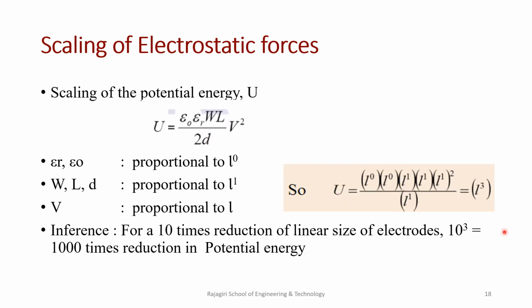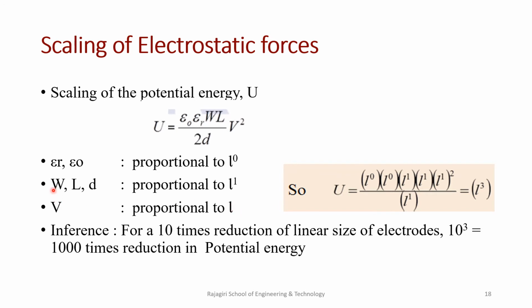We can thus express the scaling of the electrostatic potential energy U as follows. Epsilon 0 and epsilon r are not proportional to the linear dimension. Therefore, they can be written as proportional to L raised to 0. W, L and D are proportional to L raised to 1. As discussed in the earlier slide, the applied voltage V is proportional to L raised to 1.